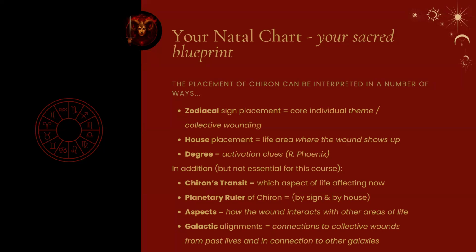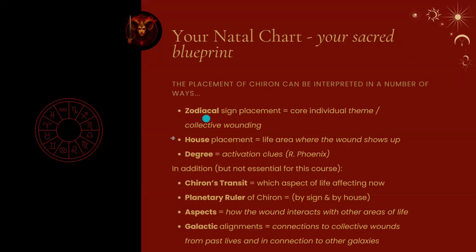The first way is via the zodiac sign placement, which for everybody doing this course is hopefully Chiron in Aries, because this course is designed for women with their Chiron in Aries. Based on this, we can pull certain themes and collective wounding connected to, for example, Chiron in Aries.